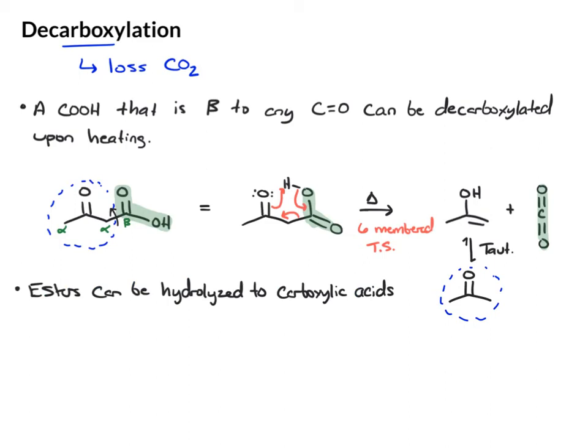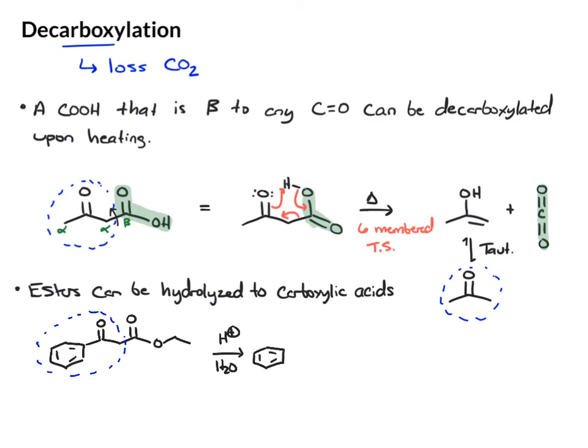So that means if we take this molecule here, where instead of a beta carboxylic acid, we have a beta ester, but if we just want this portion of the molecule, what we can do is a hydrolysis followed by a decarboxylation. So the hydrolysis would just be acid and water, and that'll hydrolyze the ester to a carboxylic acid.